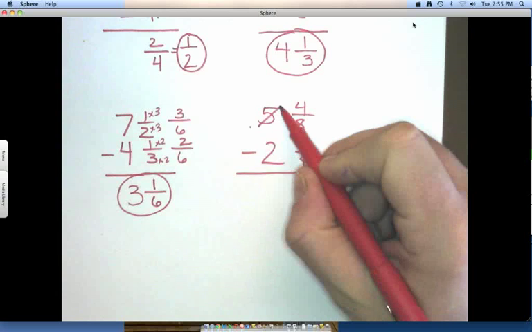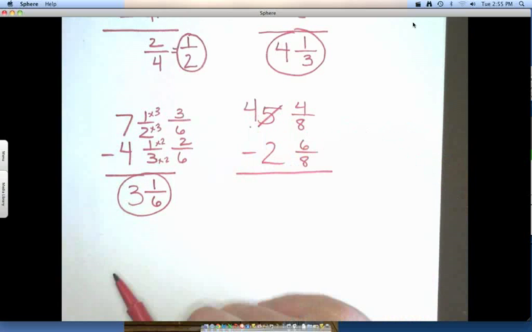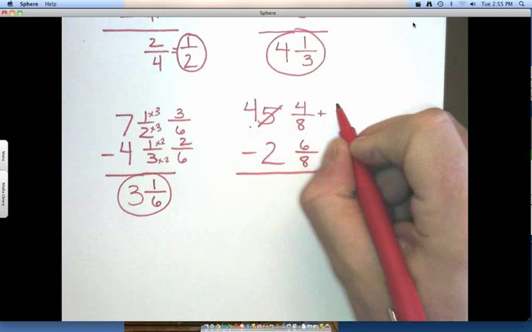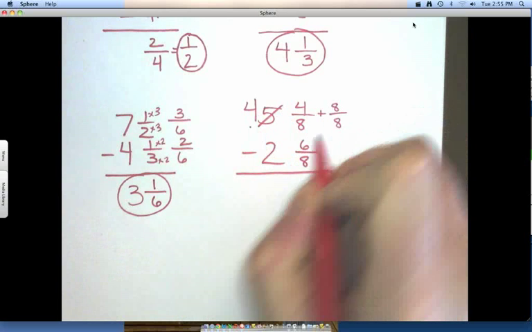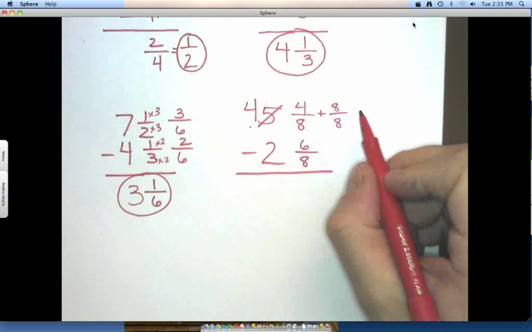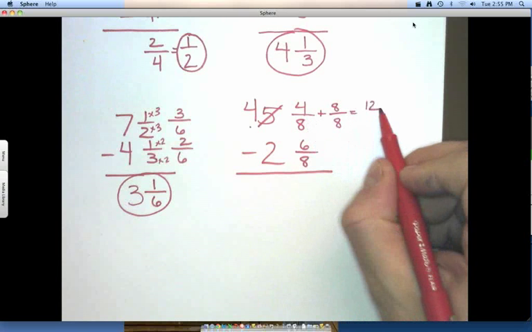So I'm going to borrow from the 5, so this is going to be 4, and I'm going to add 8/8. Now when I add 8/8, I actually end up with 12/8.